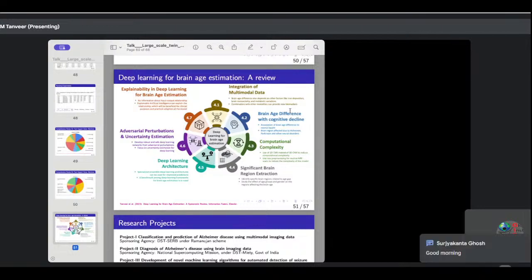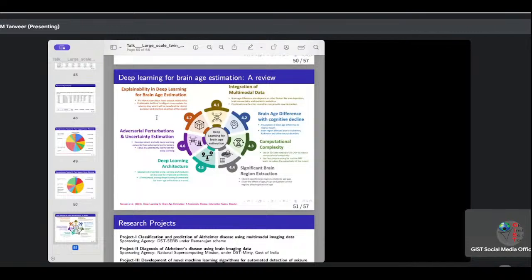In this work, we essentially characterize brain age estimation models based on deep learning architectures, and we classify these architectures based on slice-based or voxel-based input data, and we examine the modality, size of the data, performance, and data sets used. And we further enumerate several key challenges and directions that can be explored further.